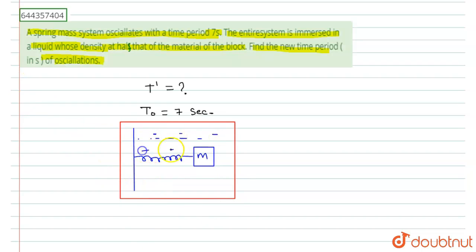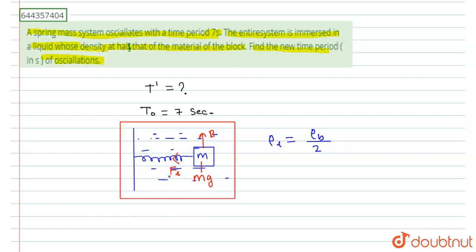So the density of the liquid is equal to the density of the block divided by 2. Now mg force will act in this direction, the buoyant force will act in this direction, and the spring force Fs will act in this direction.